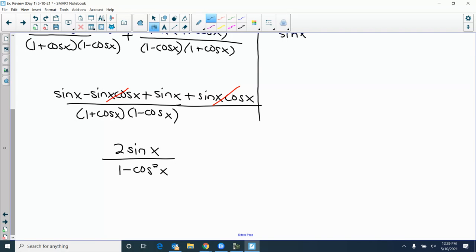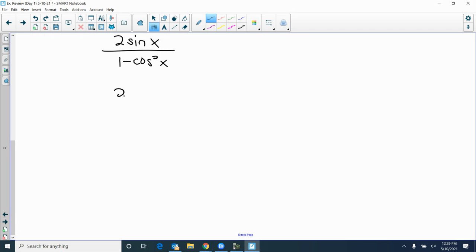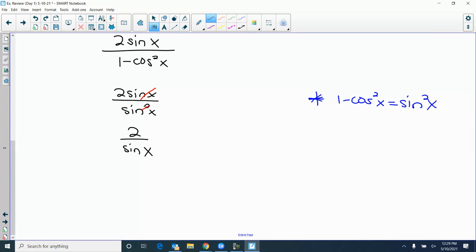Sine squared. Okay, so now you get 2 sine of x over sine squared. And I'm just going to put over here, this is just for me, that 1 minus cosine squared of x equals sine squared of x. They cancel, and you're left with 2 over sine of x, which matches up on the other side.